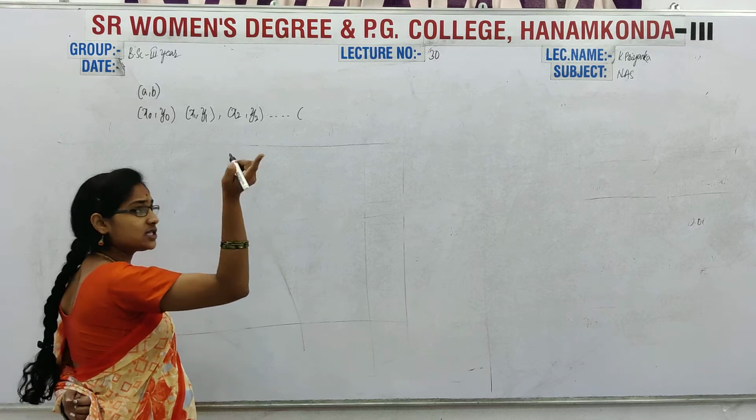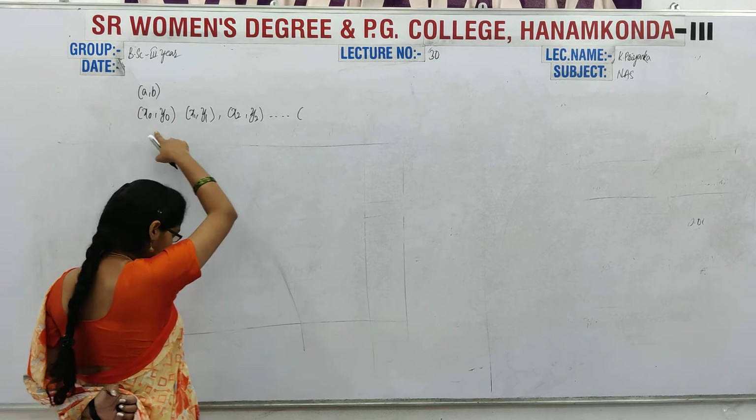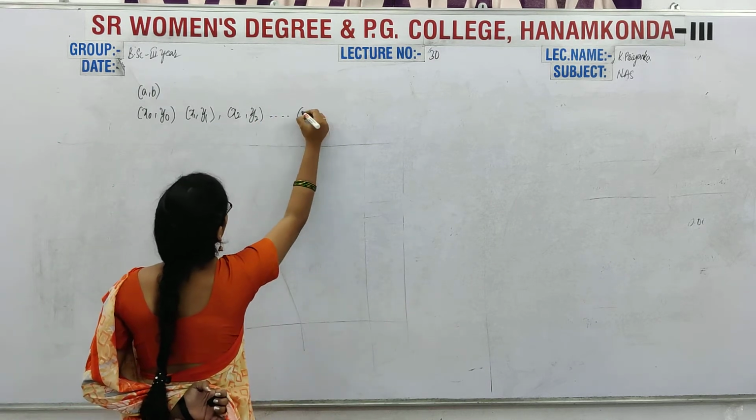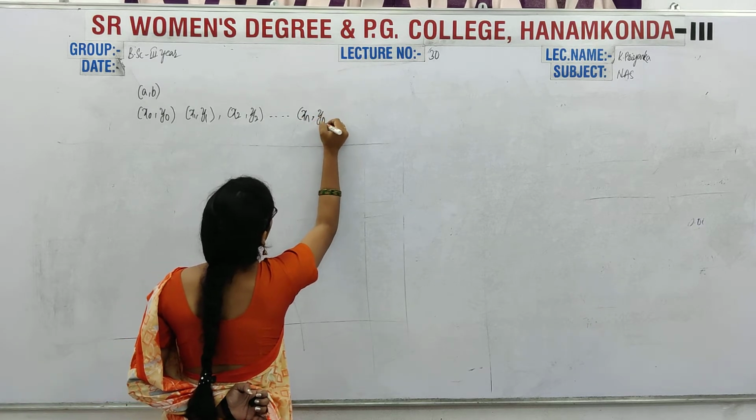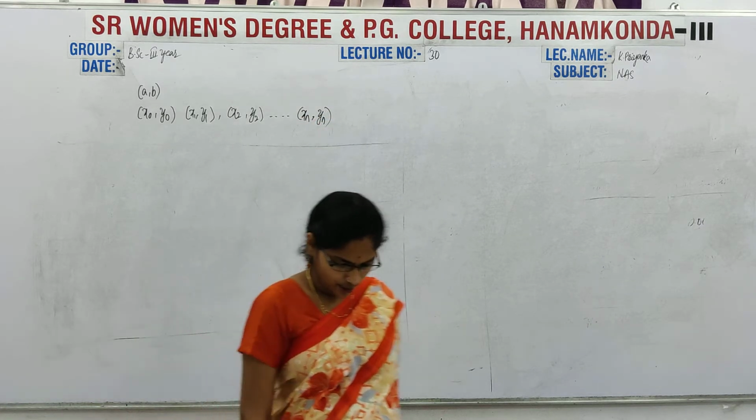What they said, n plus 1. So we are taking that including the initial value. That's why xn comma yn are the points.